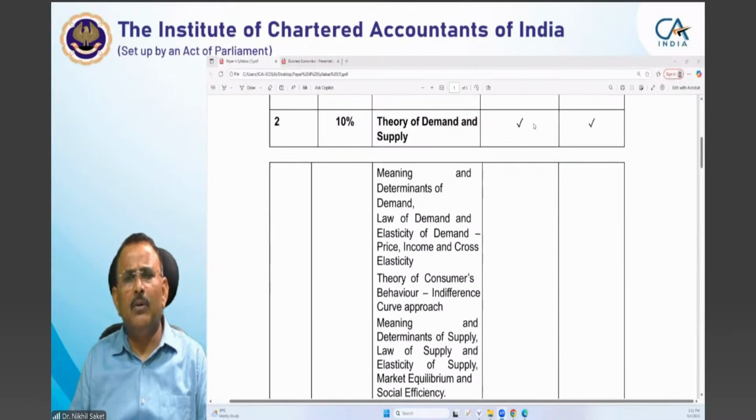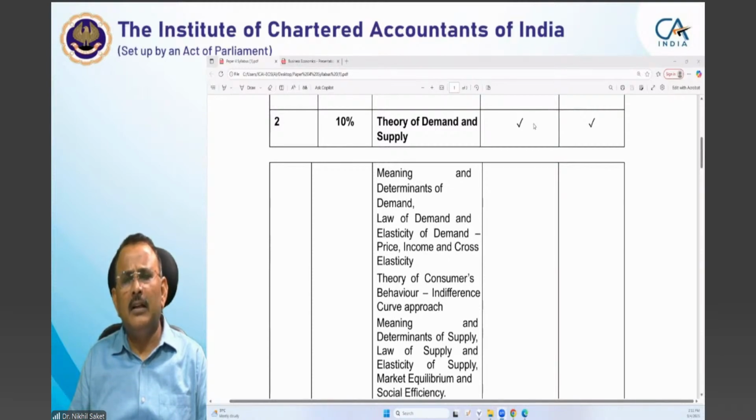Although these are all basic units, understanding demand and supply and the related concepts is very important for understanding other units, because most things, if you correlate, are related to demand and supply itself.